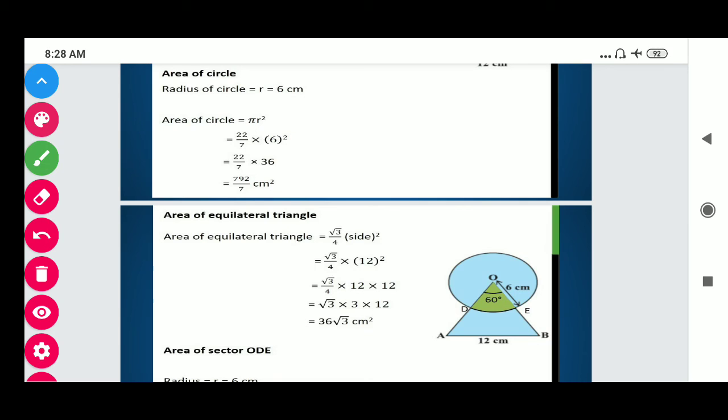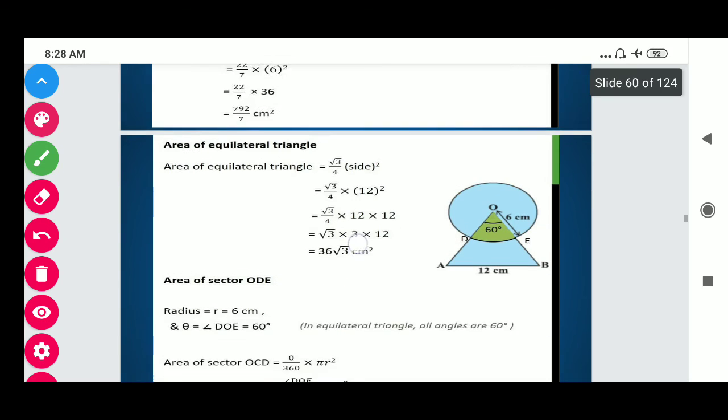Next we get the area of the equilateral triangle. Its formula is root 3 over 4 times the square of the side. Using the side 12 centimeter, we get root 3 over 4 multiplied by 12 into 12. In this way we get 36 root 3 square centimeter.